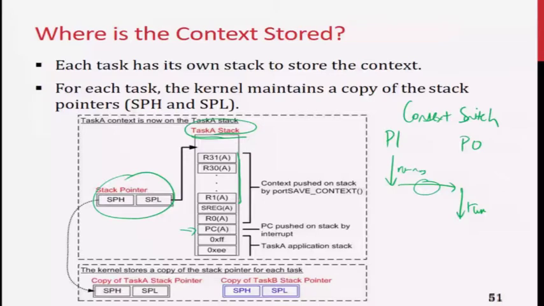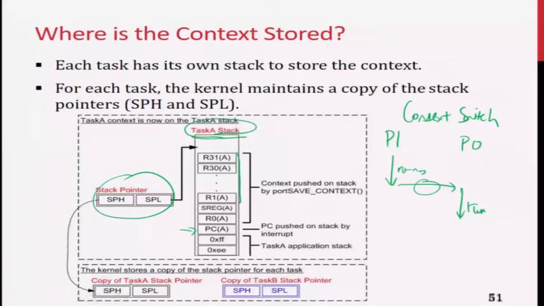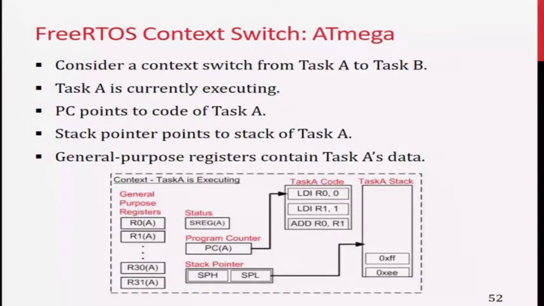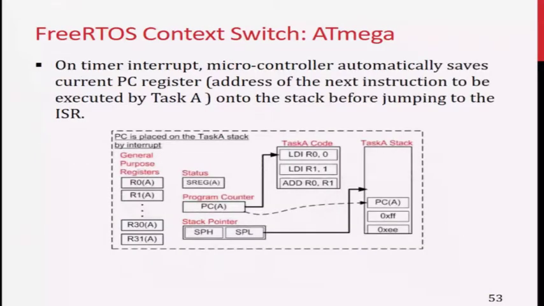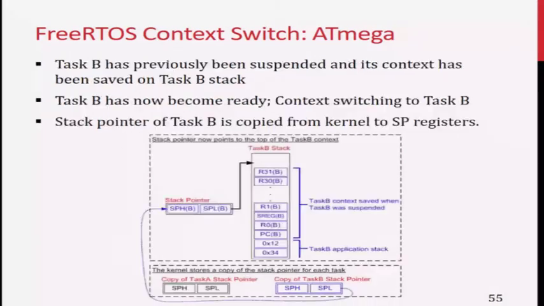And then I must keep a copy of the task A stack pointer within the OS itself. Then I must load the new task, task B. After I save everything onto the task A stack, I must copy the task B data stack back onto the current microcontroller stack space.